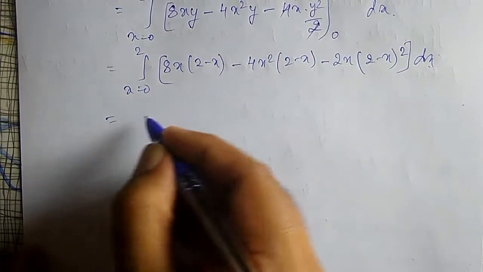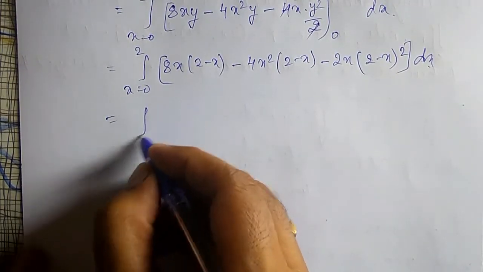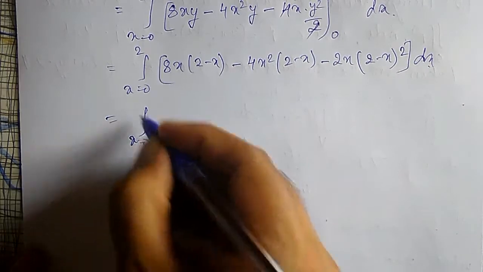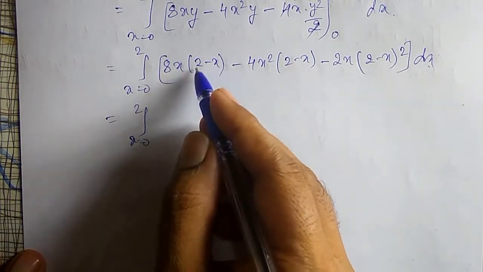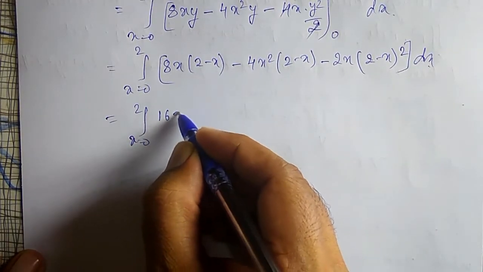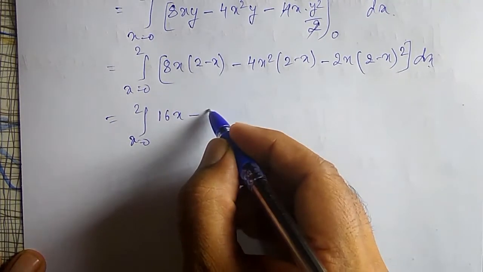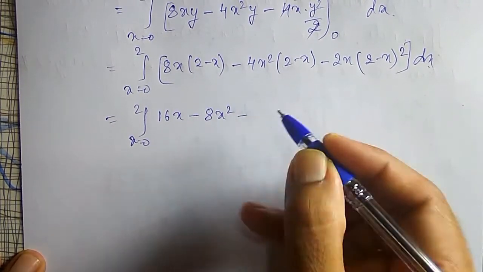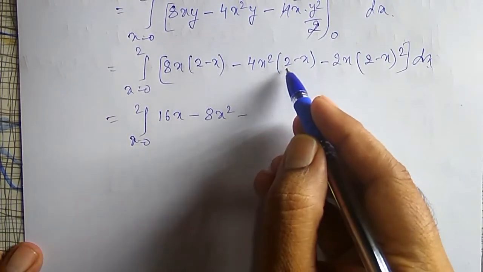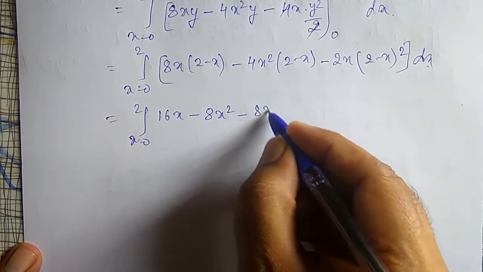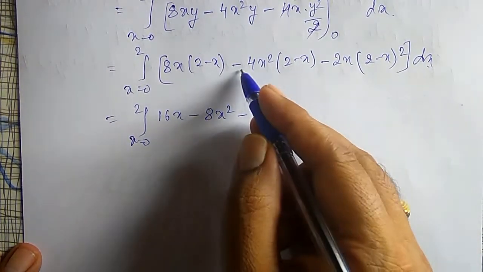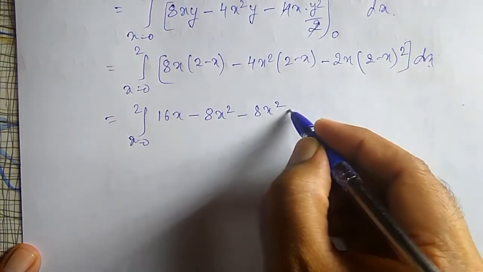Simplify this. Integration from x equal to 0 to 2, 8x into 2, 16x minus 8x square minus 4x square into 2 will become 8x square.